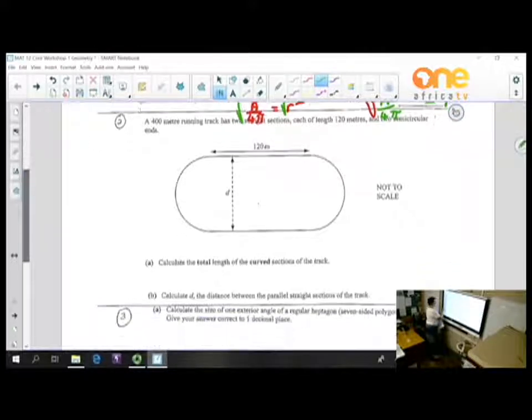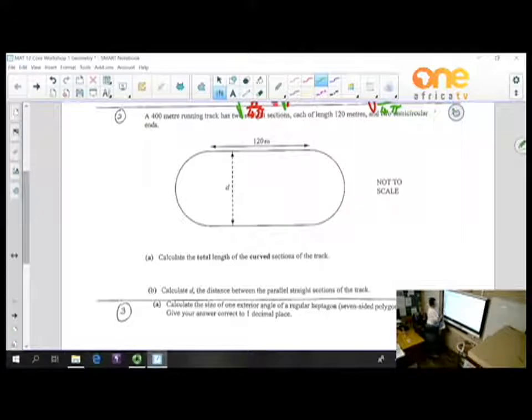Right, question 2. There's a running track, with straights each of length 120, and then 2 circular ends. Now, the first one is calculate the total length of the curved sections of the track. It is a 400-meter track, so then it's 400 minus twice 120.